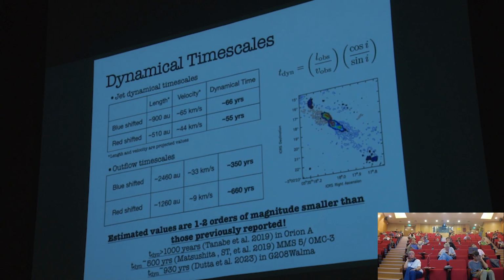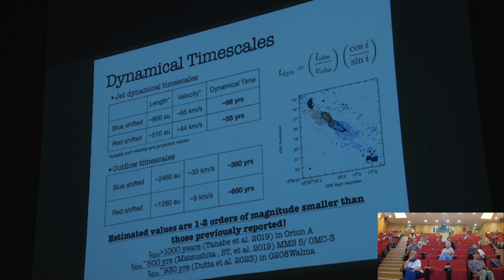Then we calculated the dynamical time scale using the kinematic information combined with the inclination angle. We found the jet shows an extremely short dynamical time, and the outflow is also on the order of a few hundred years. For outflows discovered in the Orion region or other nearby regions, we typically see dynamical time scales of 1,000 years or more.